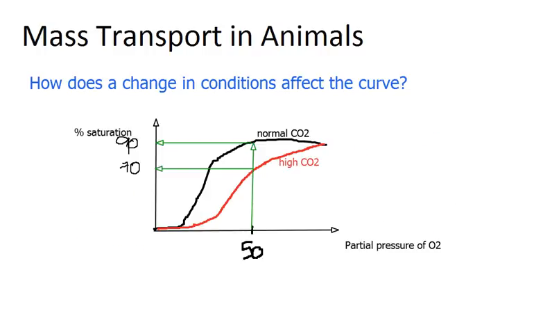So for example, on this graph, at a partial pressure of 50, the hemoglobin curve with high CO2 is only 70% saturated, whereas normal CO2 is 90% saturated. This shows that at a high CO2 level, it's less saturated, so more oxygen is unloaded. So the oxygen must have a lower affinity with the hemoglobin.